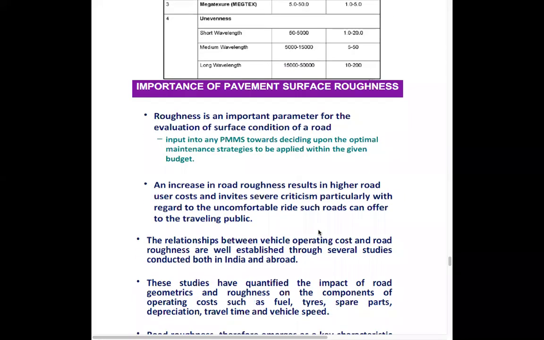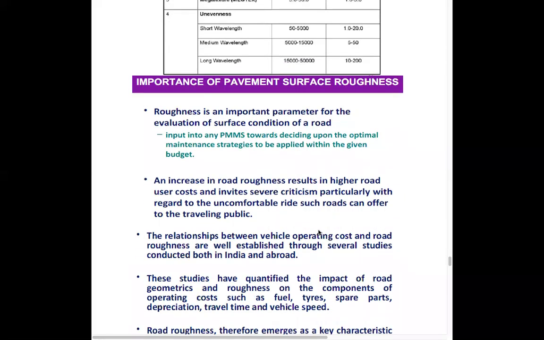Then the importance of pavement surface roughness. As I was discussing, roughness is an important parameter for evaluation. It is a very important unit in pavement management and maintenance systems in deciding the different strategies for maintenance.